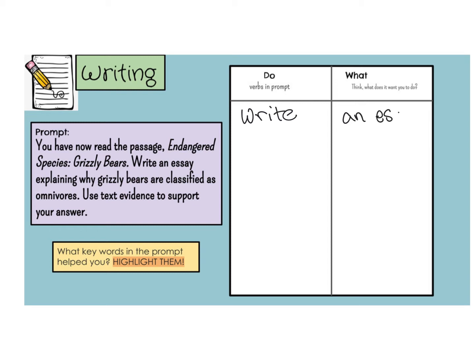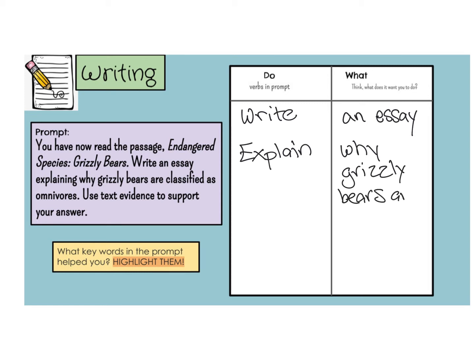This is called my what. Now, I'm also noticing there's more in the prompt. It says, write an essay explaining why grizzly bears are classified as omnivores. So now I know my essay needs to explain, this is a verb or something we do, why grizzly bears are classified as omnivores.